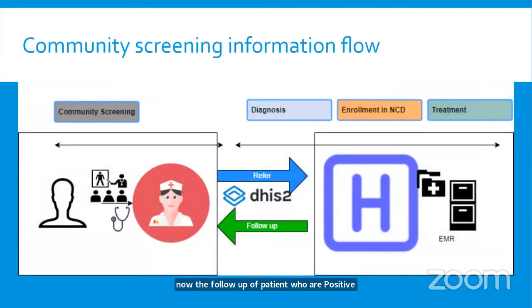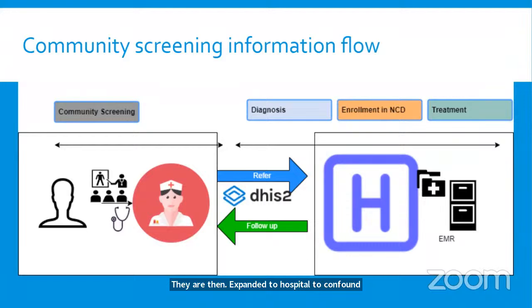So this is how the community screening flow is done currently, where in the community on car-free day, for example, or any other day that the facility has chosen for screening, they can go and enter individual information in DHIS2, and DHIS2 will inform whether the person is suspected of having either hypertension or diabetes, and if it's positive, they are then referred to hospital to confirm the case.